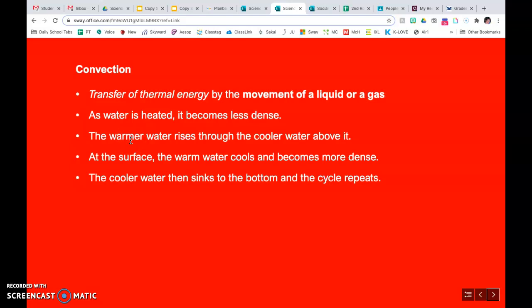So you've got a pot on the stove and you're boiling the water. At the surface, the warm water cools and becomes more dense. The molecules become tighter together. The cooler water then sinks to the bottom, and the cycle simply repeats itself over and over. So conduction, transfer of thermal energy through direct contact. Convection, transfer of thermal energy by the movement of a liquid or a gas.